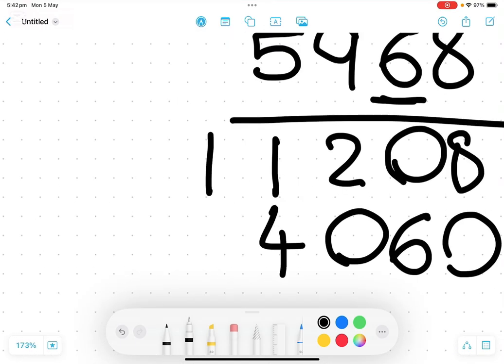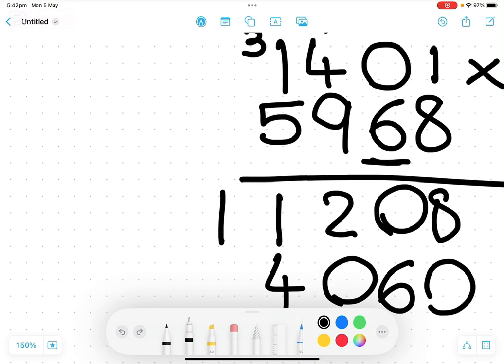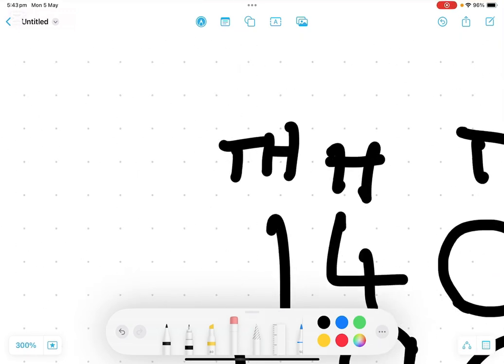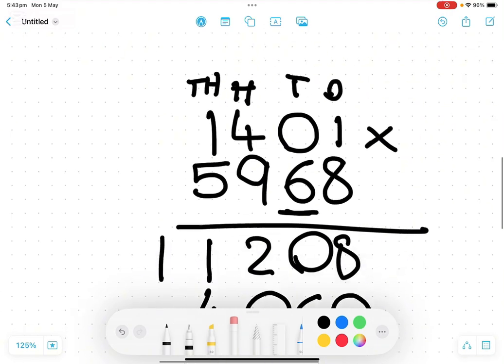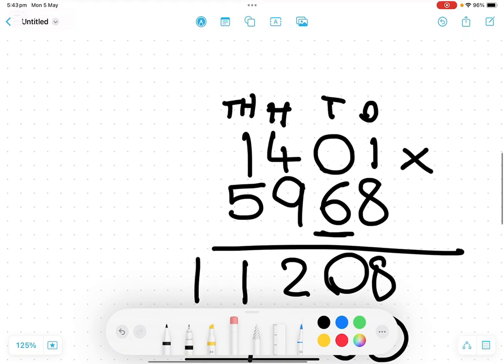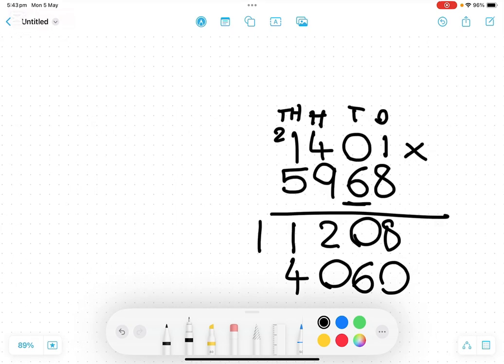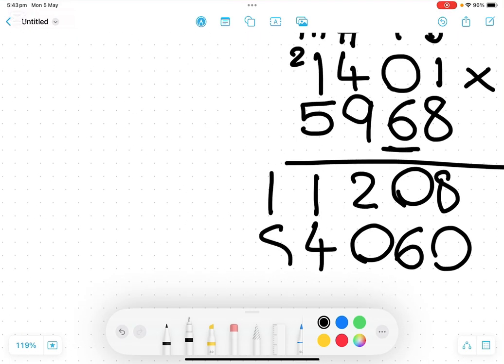Put the 4 down, and then carry the 2 onto the 1. And now 6 by 1 equals 6 plus the 2 makes 8. So give me a minute to write this down because, of course, it's future voiceover.